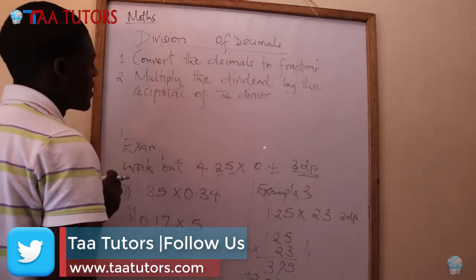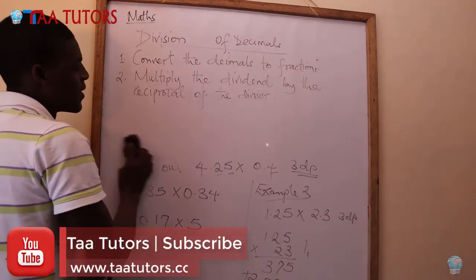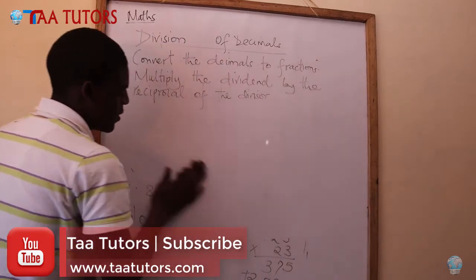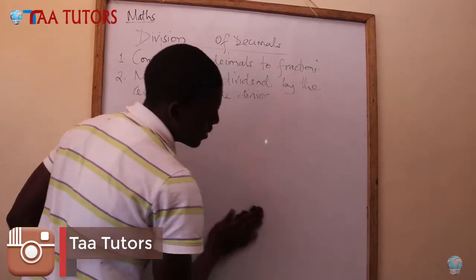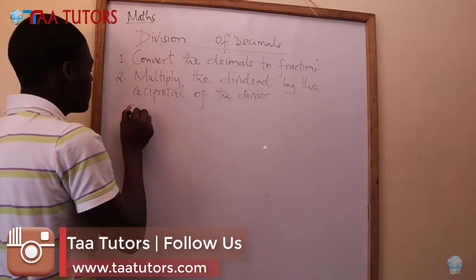We first convert the decimals to fractions, then we multiply the dividend by the reciprocal of the divisor, as we did when doing fractions.